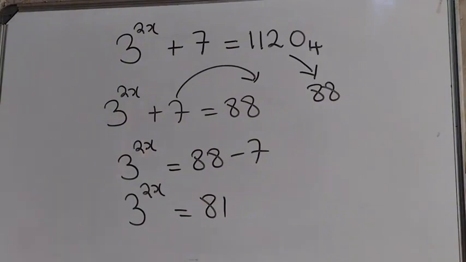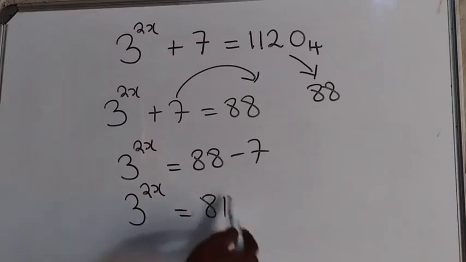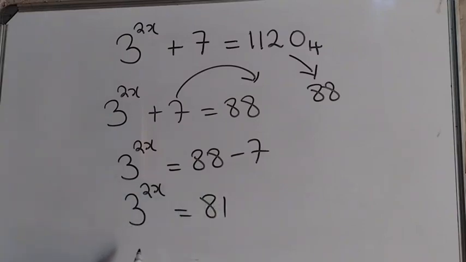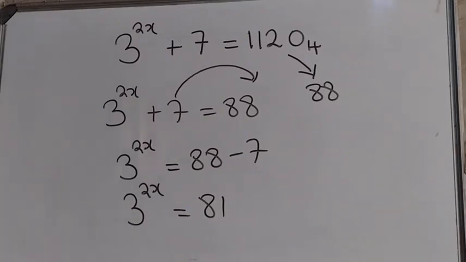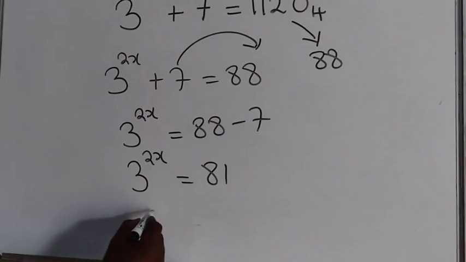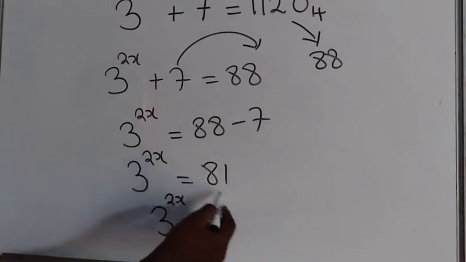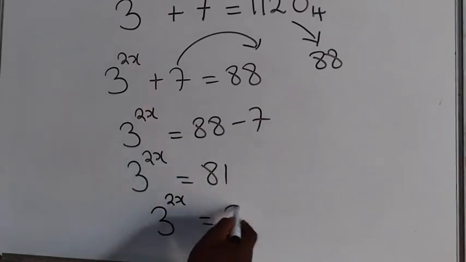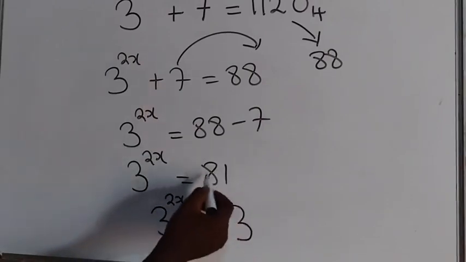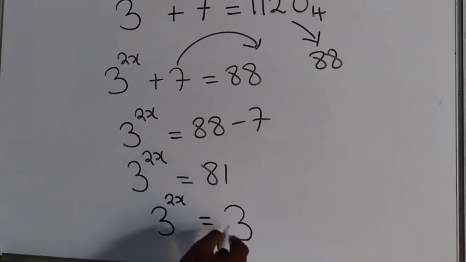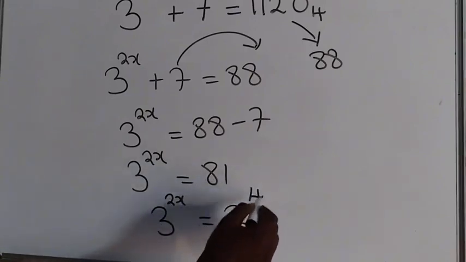So you can check. Here we have the base of 3, and here we have 81. It will be very easy to write this 81 with a base of 3. So we write 3 raised to the power of 2x is equal to, sorry, it's 81, not 88, 3 raised to the power of 4.